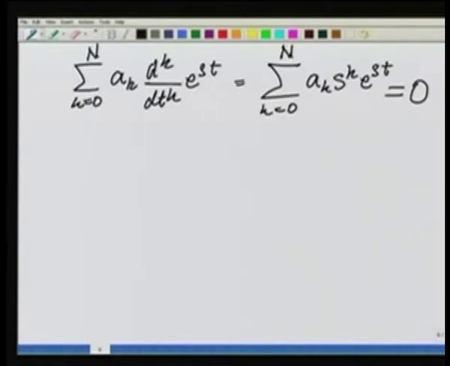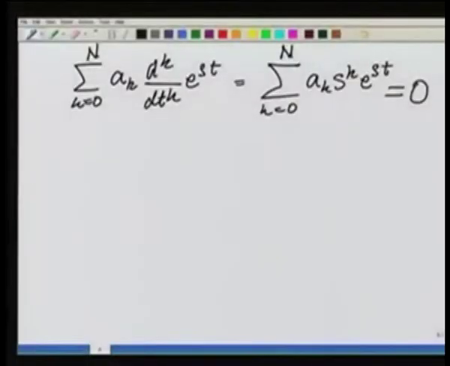Now, let us look at this carefully. We have e to the st, unindexed by k, as one factor in every term of this expression. There are n plus 1 terms, each term is of the form a_k times s to the k e to the st. E to the st is a common factor in all these terms and it has no index of k.